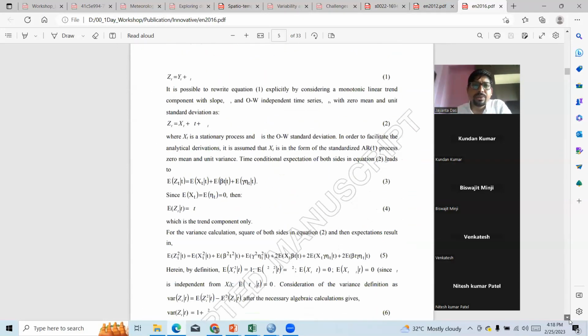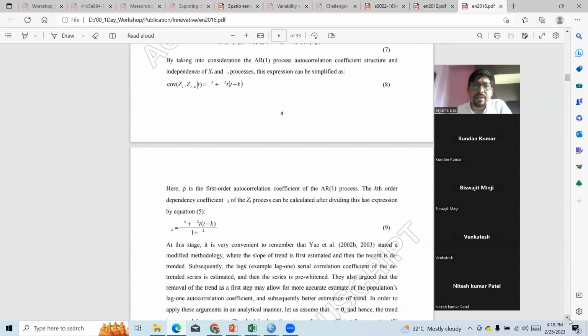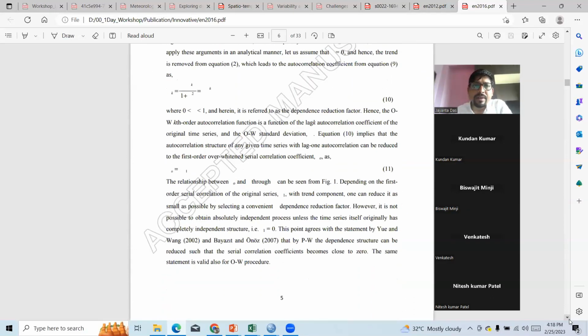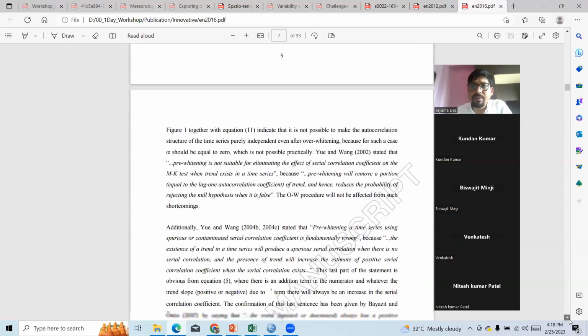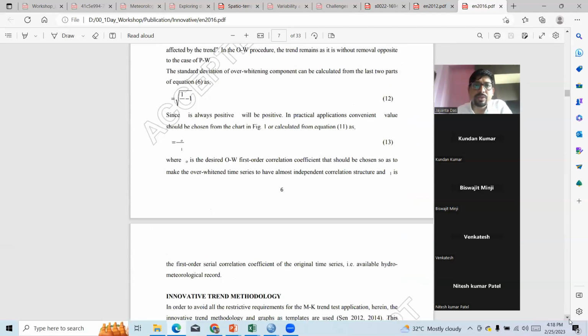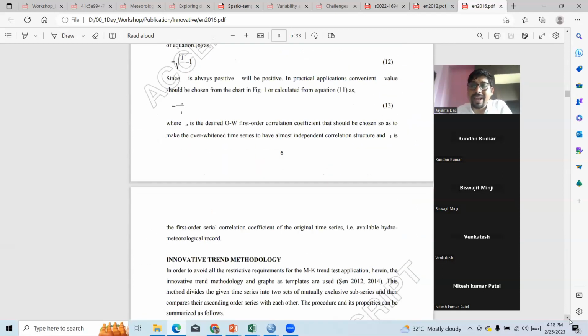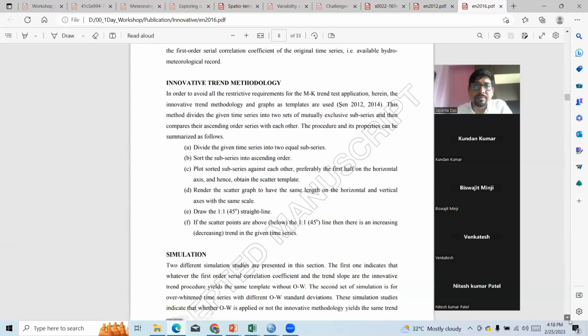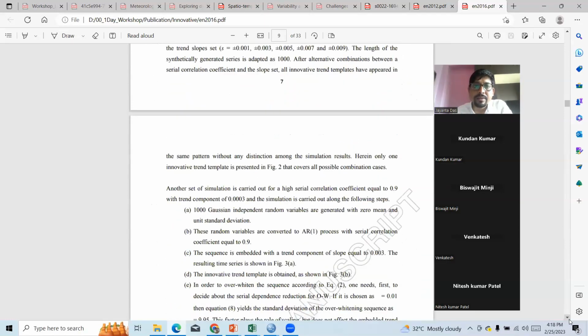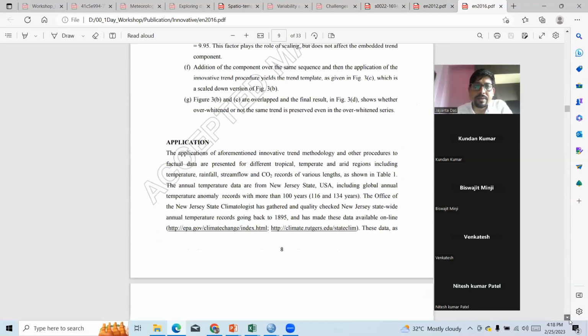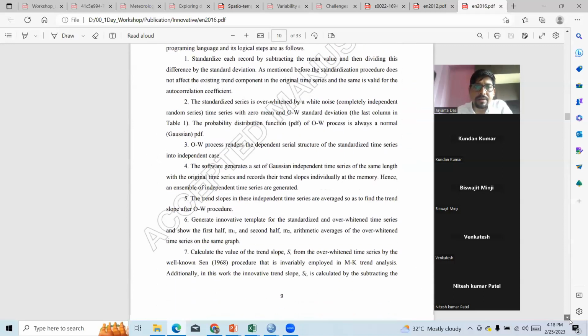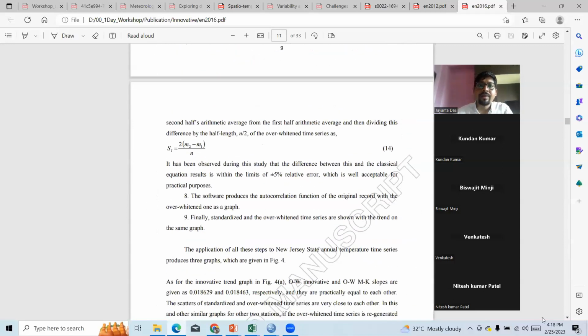Just I'll show here how he calculated magnitude of slope. We generally call it S. Yeah, this formula.